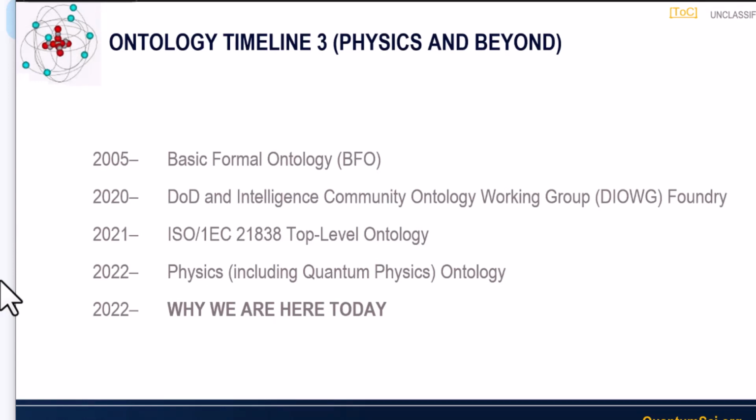Since 2022, Jobst Landgrebe and I have been working on building a physics ontology, in fact, a suite of ontologies, which will serve for the quantum domain in the same way as the ontologies in the OBO Foundry served in the life sciences domain.